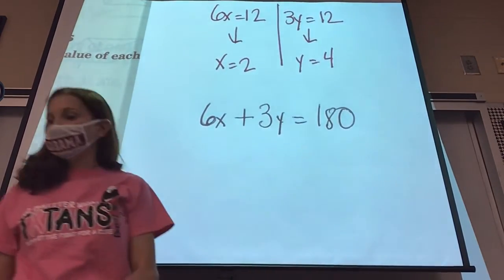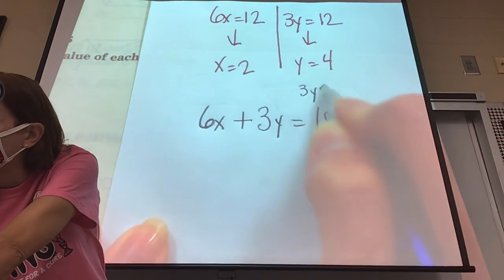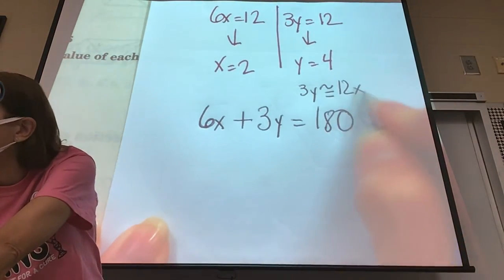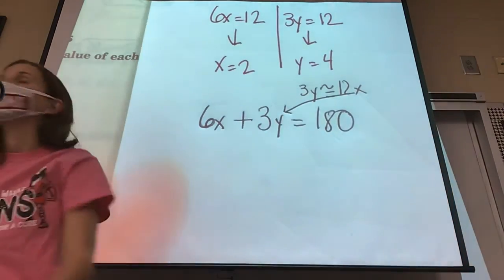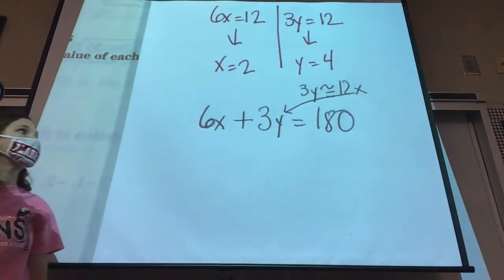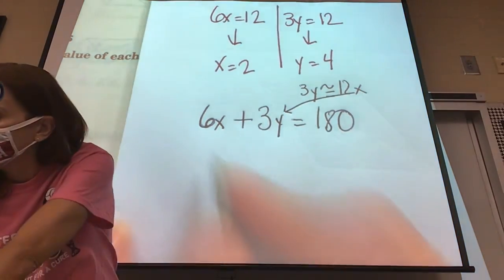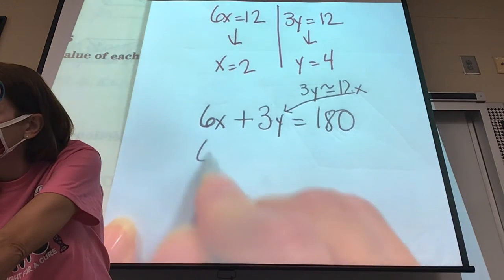Since I know 3y is congruent to what? 12x. I substituted this in place. They are congruent. They're the exact same thing. So they are equal. So this one came out and this one went in.